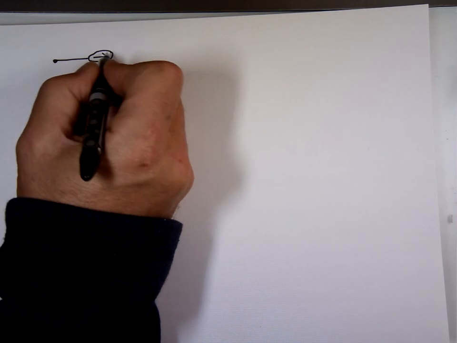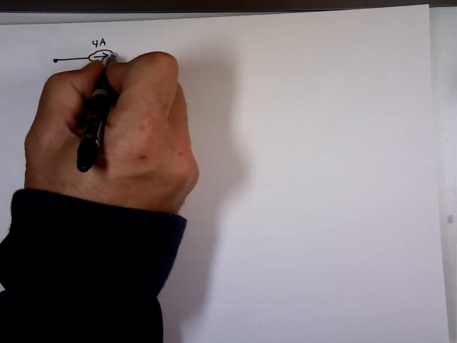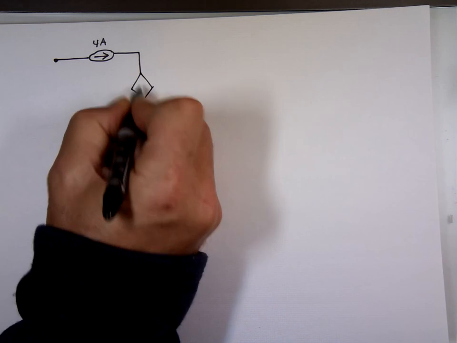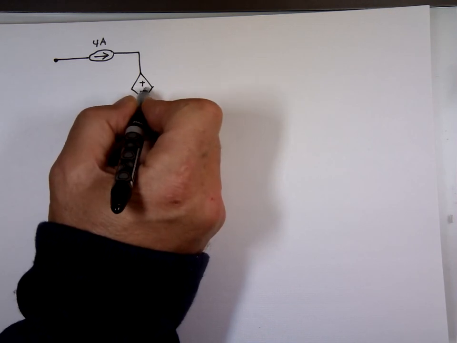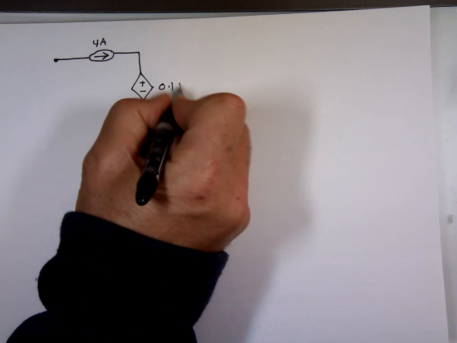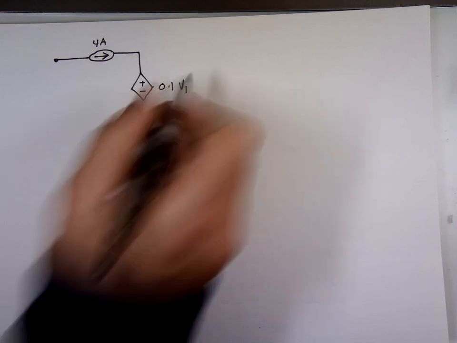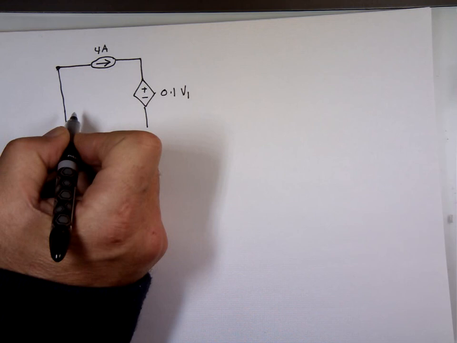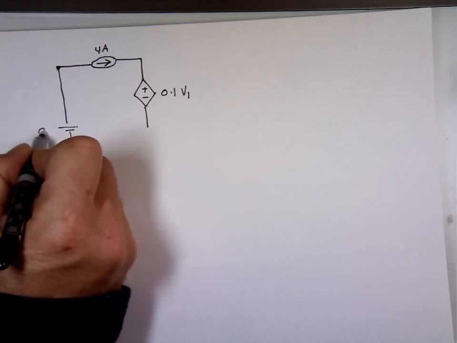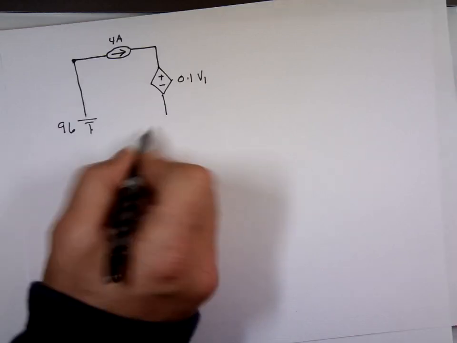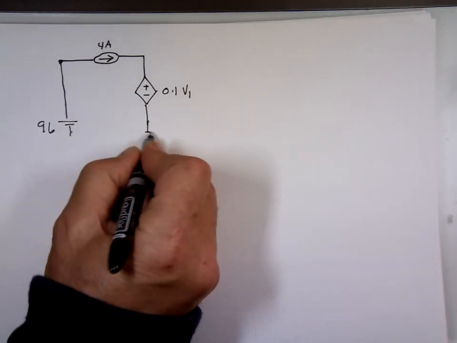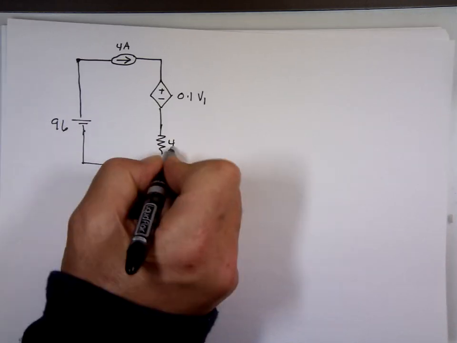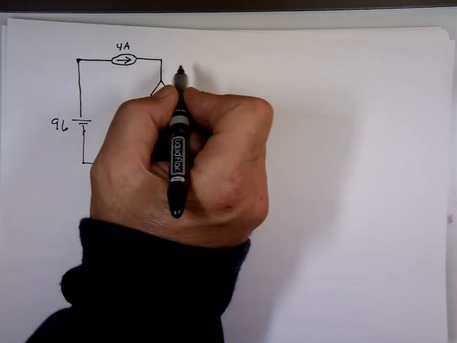Four amps. 0.1 V1, I think. 96 volts. 40 ohms. 6 amps.